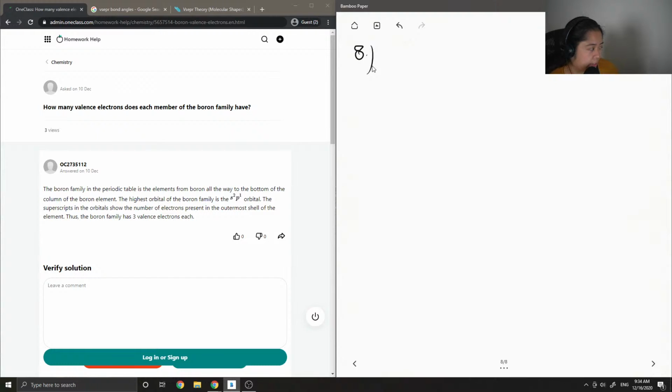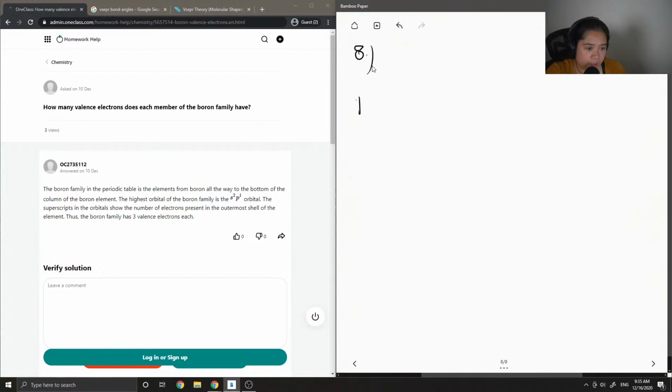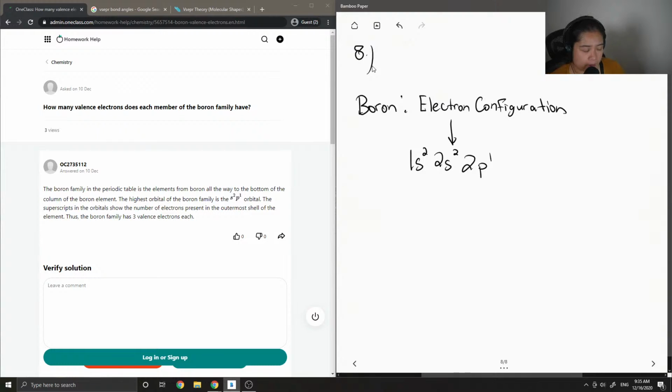Okay, so if we were to find boron on the periodic table and write down its electron configuration, it would be 1s2, 2s2, 2p1. So boron has a total of 5 electrons.